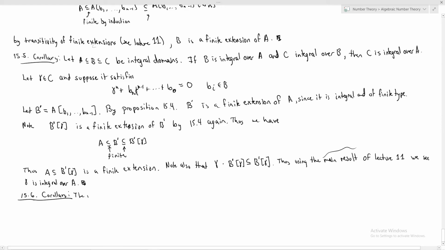It says the integral closure of an integral domain A in a field L is integrally closed. Okay, so proof.